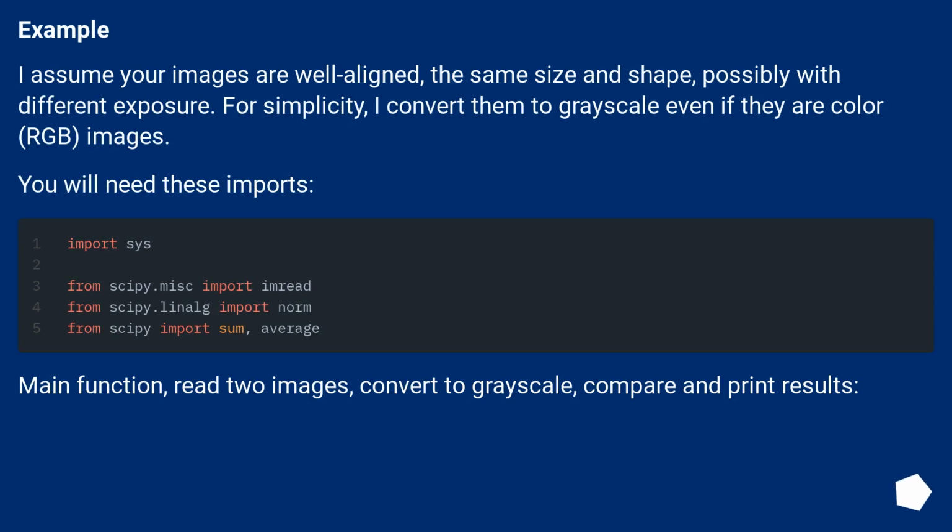Example. I assume your images are well aligned, the same size and shape, possibly with different exposure. For simplicity, I convert them to grayscale even if they are color, RGB, images. You will need these imports. Main function, read two images, convert to grayscale, compare and print results.